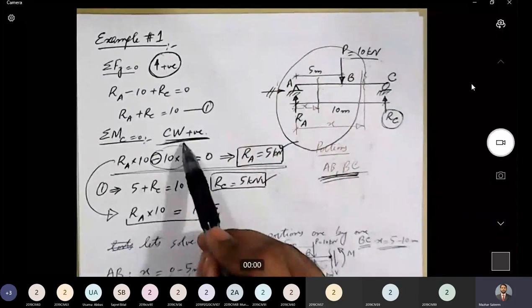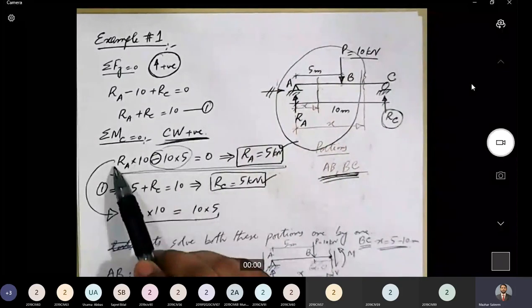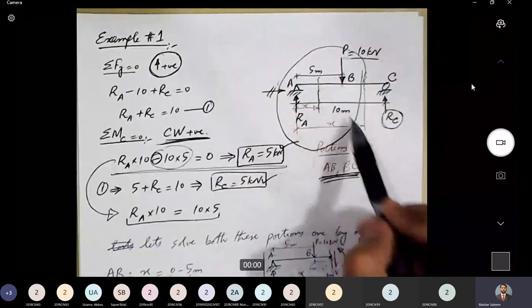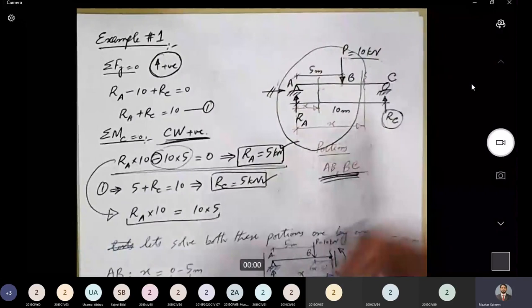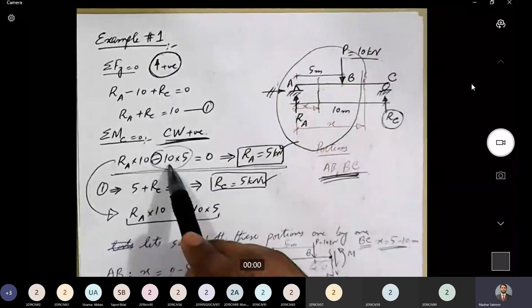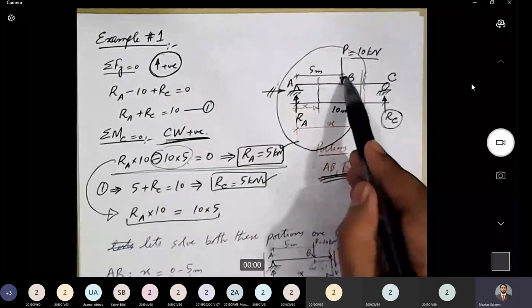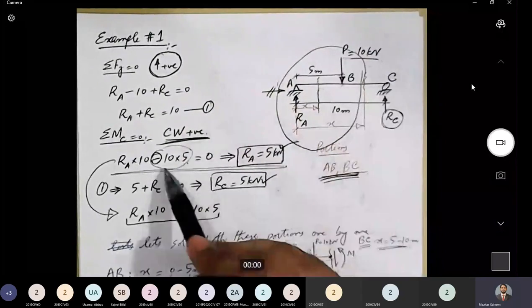So according to our convention, clockwise moment is positive. That's why we have taken it as positive. Then this 10 kilonewton force is producing moment in counterclockwise direction about point C. So it should be taken as negative. 10 into 5. 5 is the lever arm, the perpendicular distance between load P and point C.